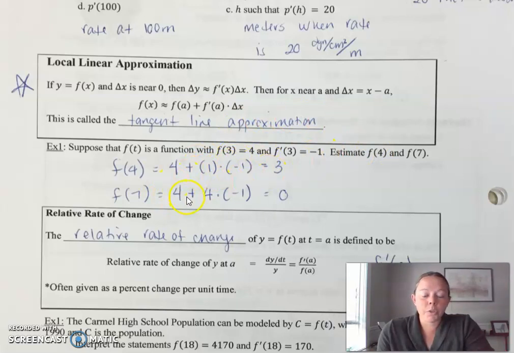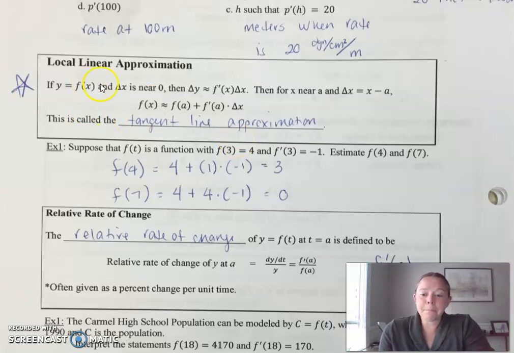Same thing here. Start with what you know, and then in this case, the change was from 3 to 7, so that's 4 units times the derivative. Notice I put a star by those. Almost always there's a question like this, definitely on the midterm and usually on the final exam.